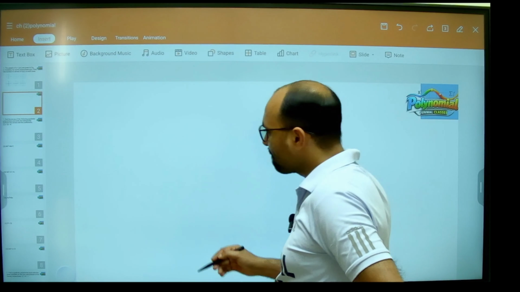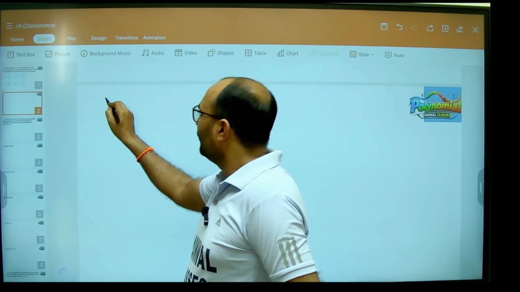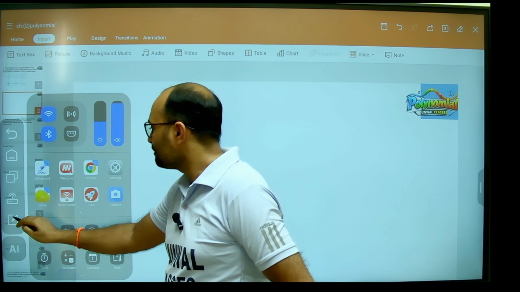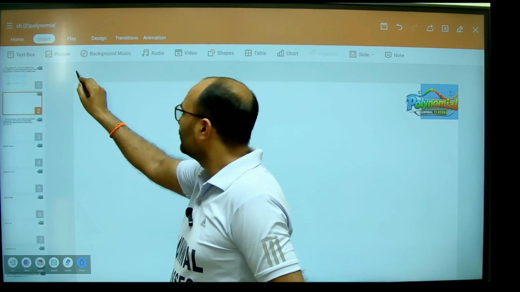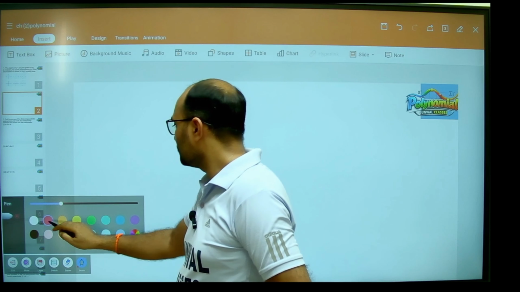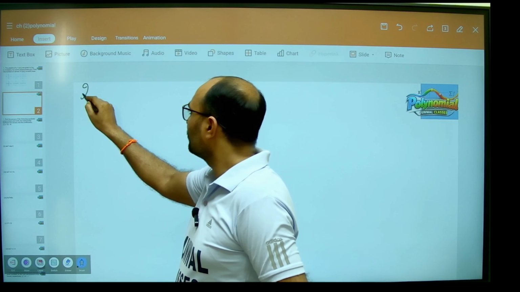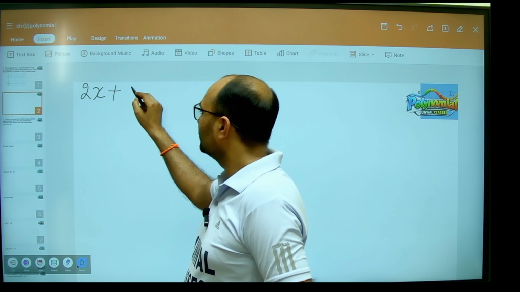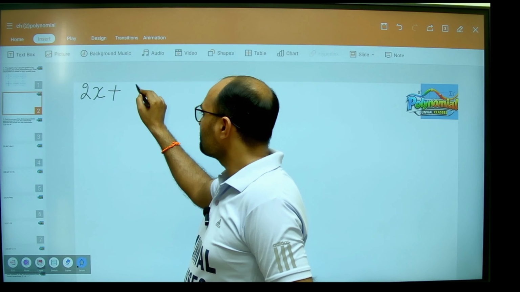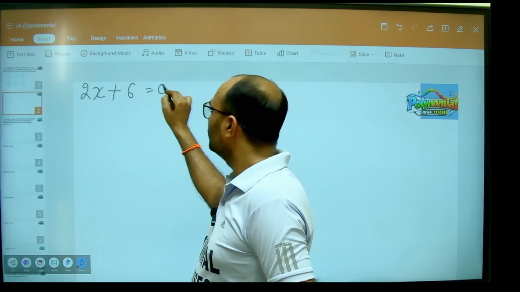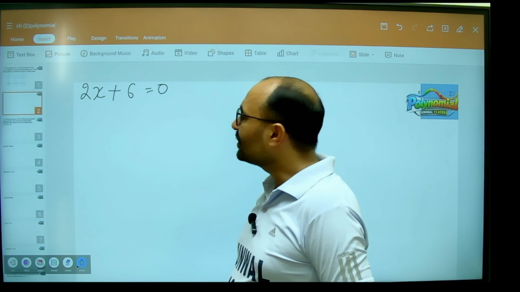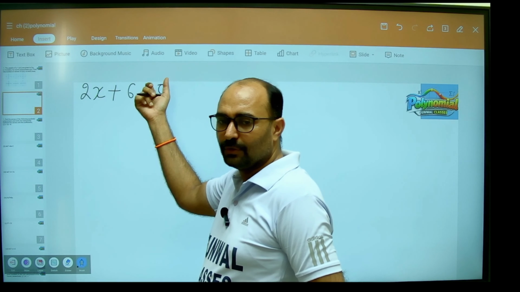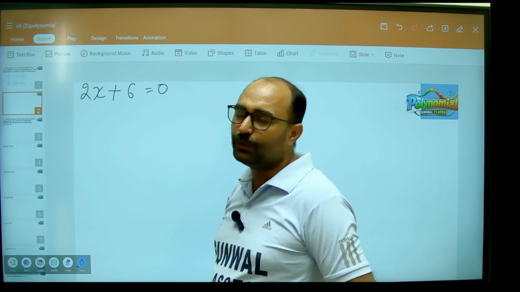Okay. 2x plus 6 equal to 0. If we substitute such a value of x that this expression becomes equal to 0, that value is known as zero of the polynomial.